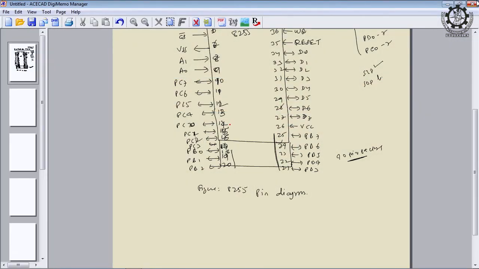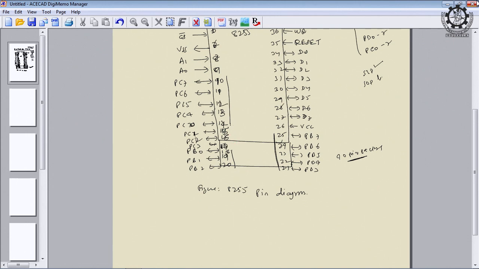Now coming to port C. PC0 to PC7, and what are the other ones?